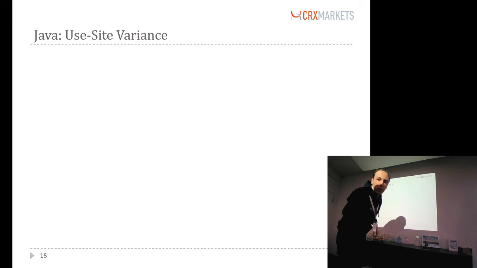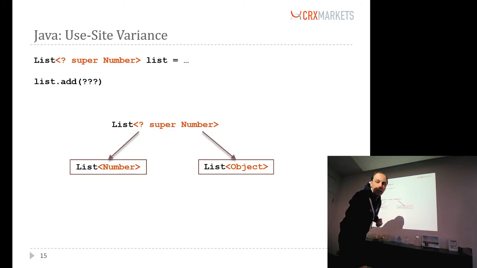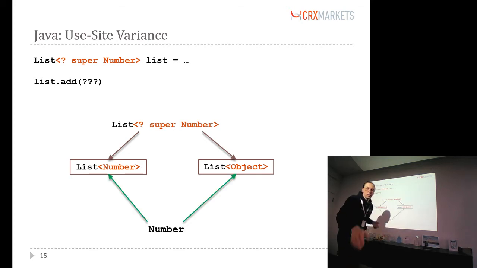The same thing goes for this notation: question mark super number. What can we add to it? Well, this means that this is a reference to either a list of numbers or a list of objects. So what can we add? Numbers, because numbers extend both this and this one. So we can add anything that extends number.